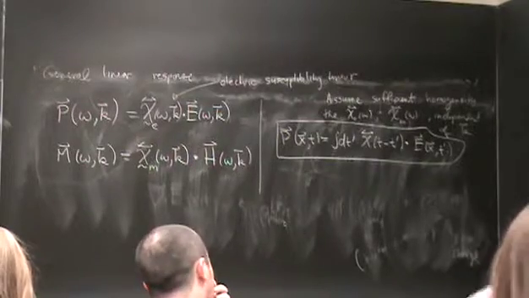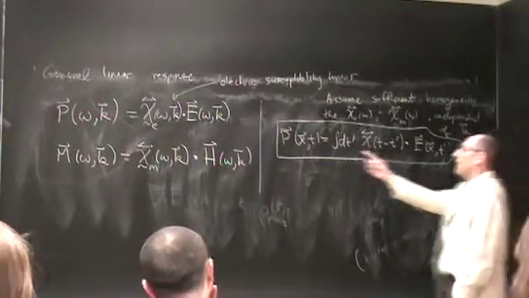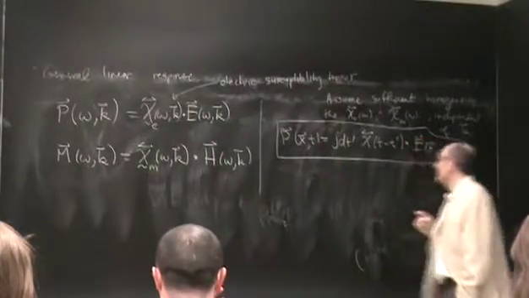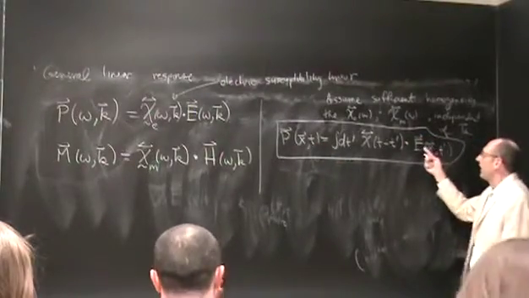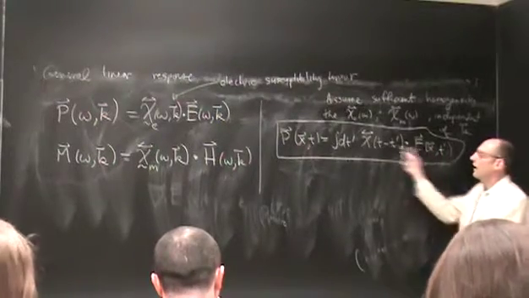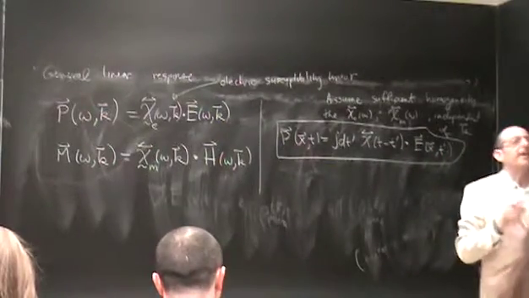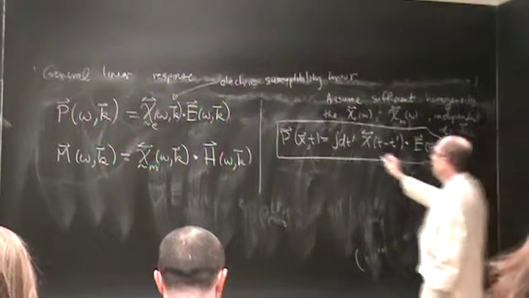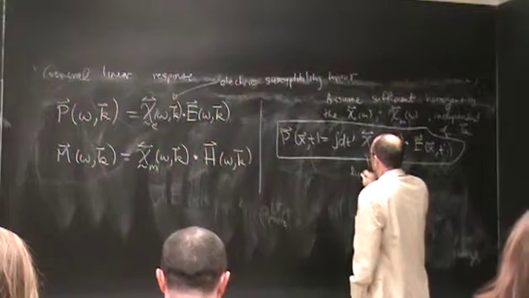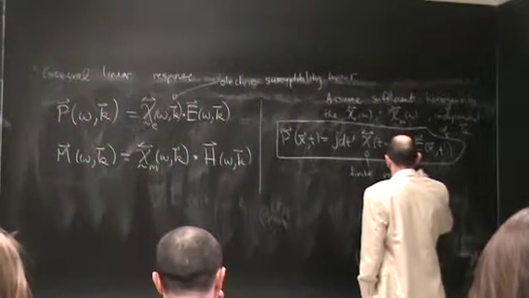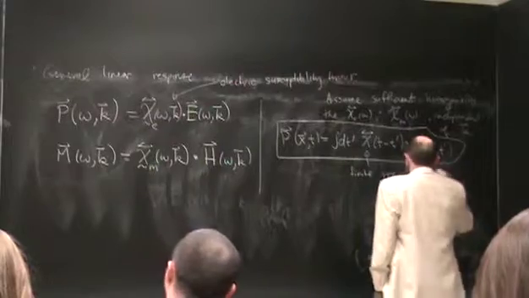So the fact that the polarization at time t is not proportional to the electric field at the same time, but involves an integral over all times, reflects the fact that there is a finite response time of the material.